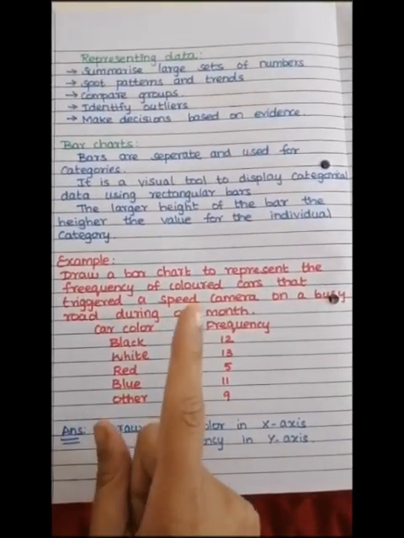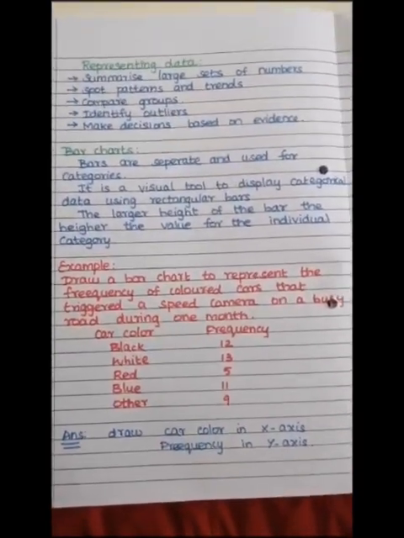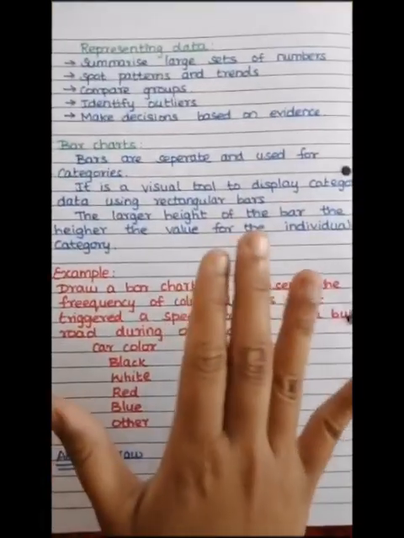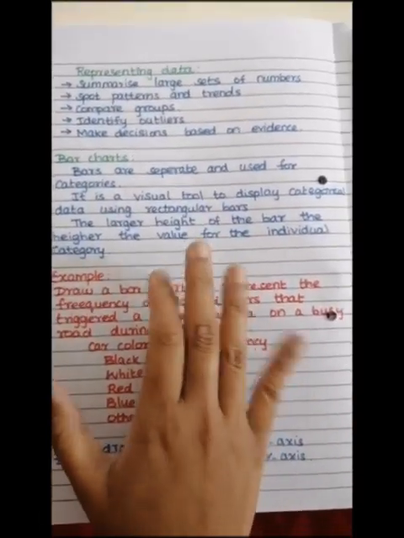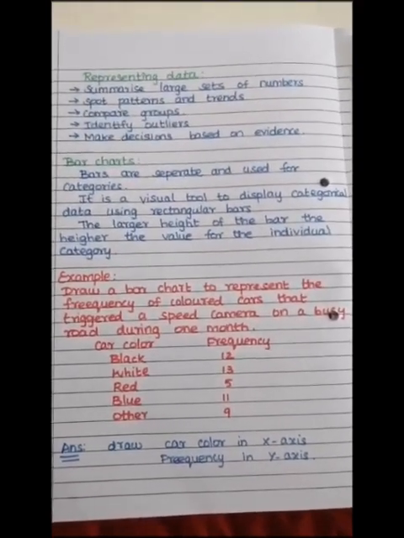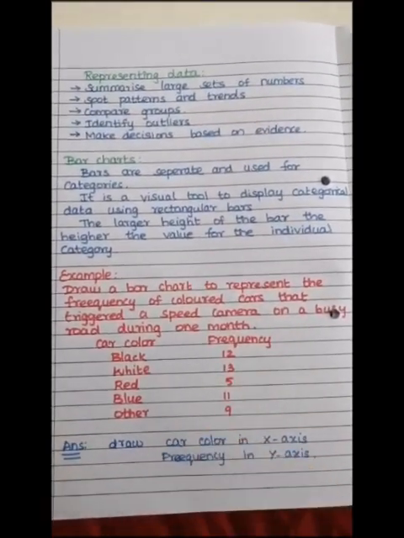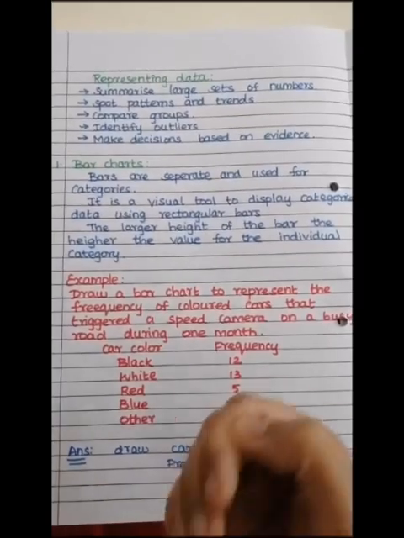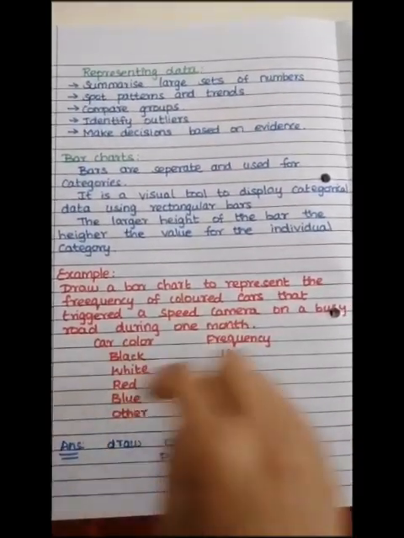First, bar chart. A bar chart is a bar graph that displays data using bars, either vertical or horizontal.